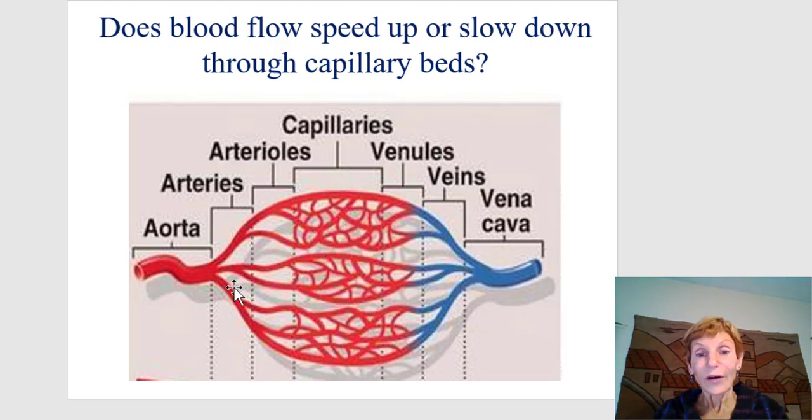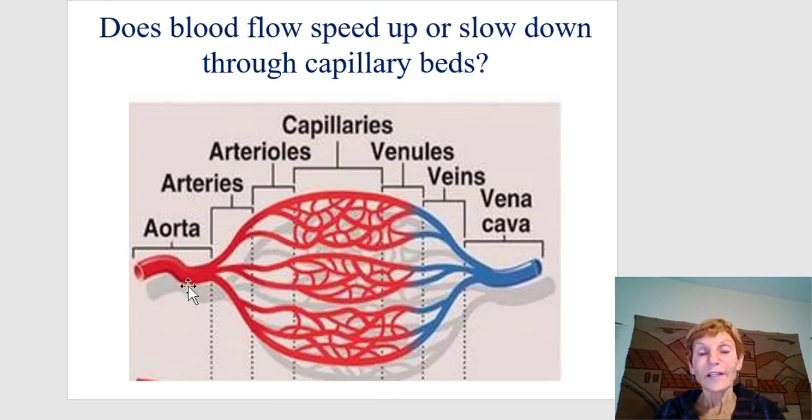Because you don't have just one aorta, one artery, and one capillary, it doesn't go slowest, faster, even faster like that, because it's the total surface area that's important.